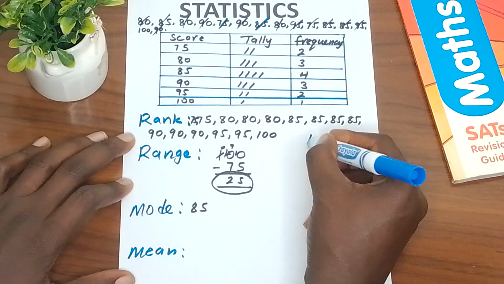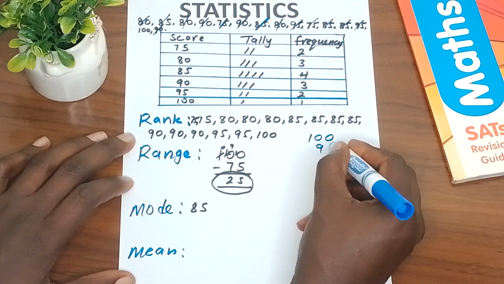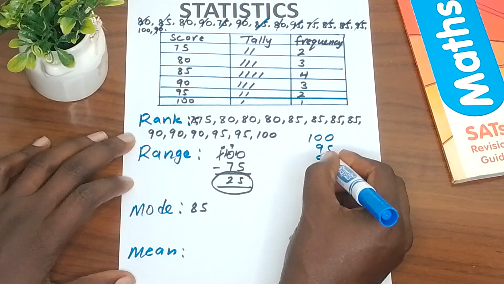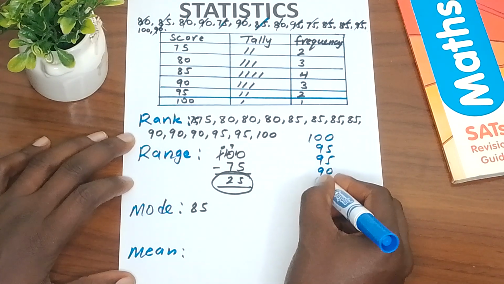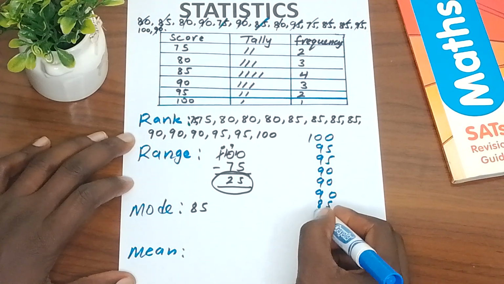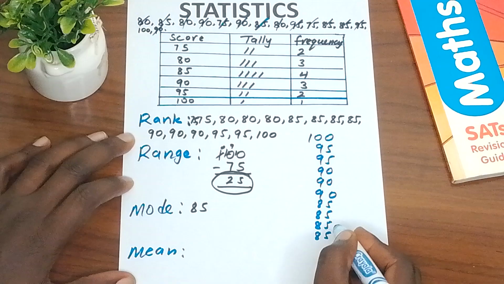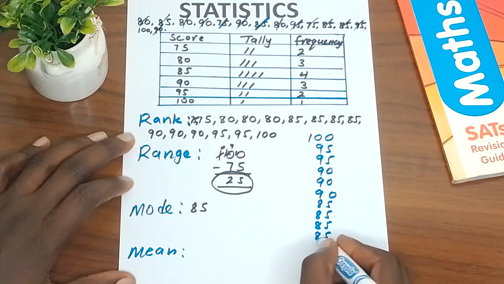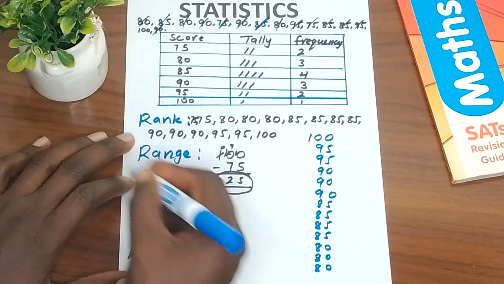I will take 100 plus 95 plus 95 plus 90, 90, 90, 85, 85, 85, 85, 80, 80, 80.